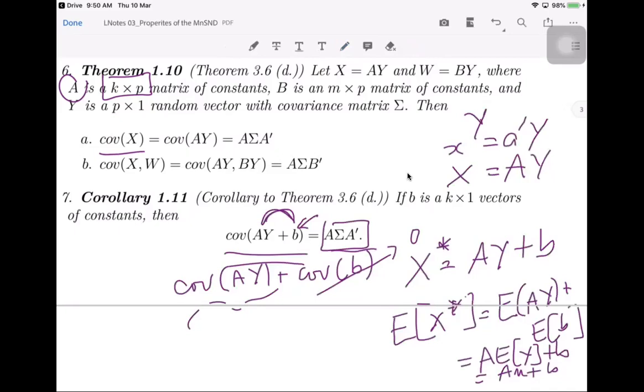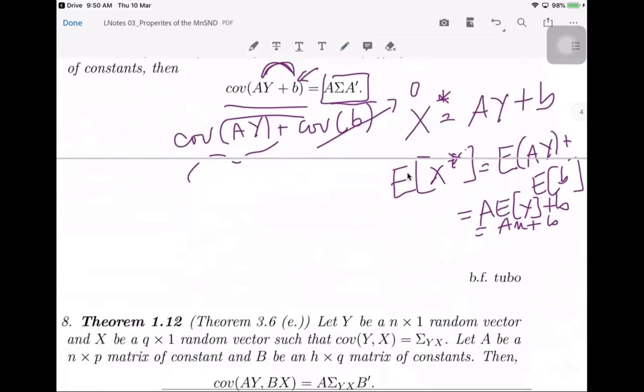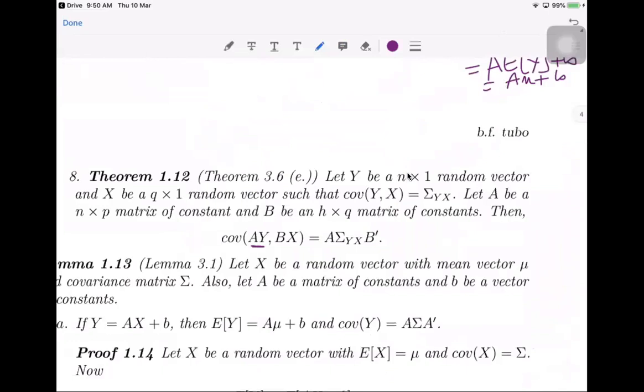Okay, so take note that the transformation of x here is ay, so the result follows. And in here, if we are having two different transformations on y, then we should have a covariance of x and y.